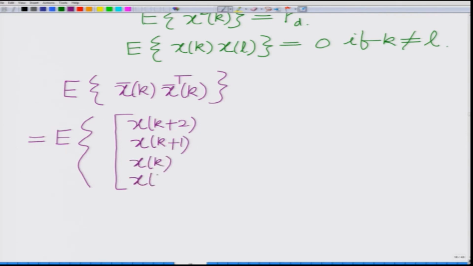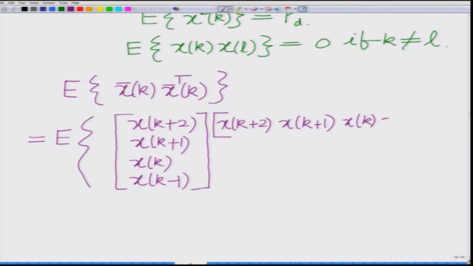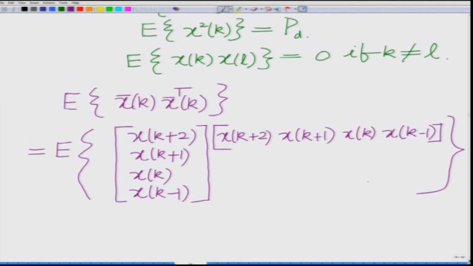That is your vector x̄_k times its transpose, and the transpose will be the same vector, x_{k+2}, up to x_{k-1}, but as a row vector.